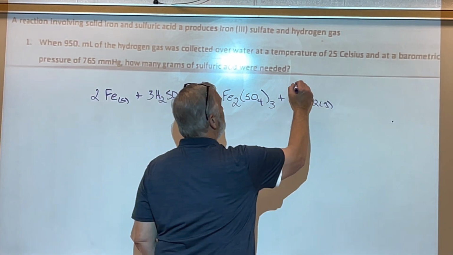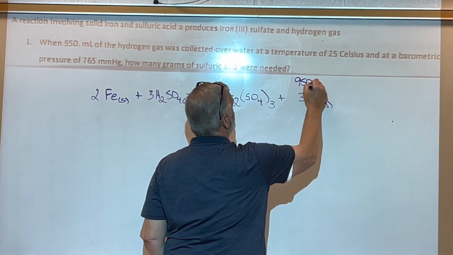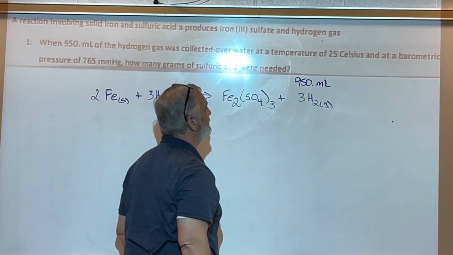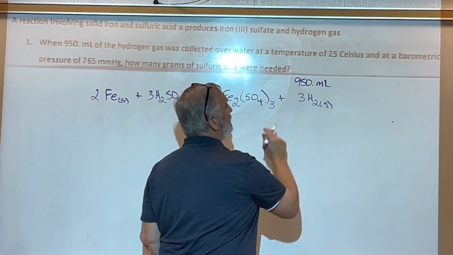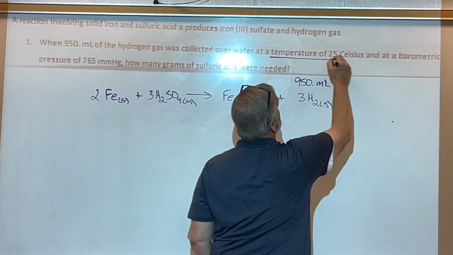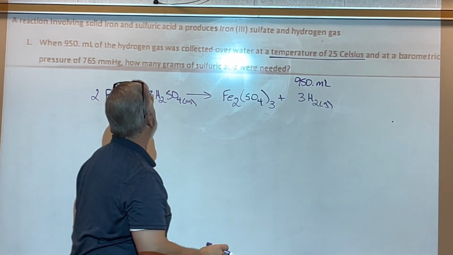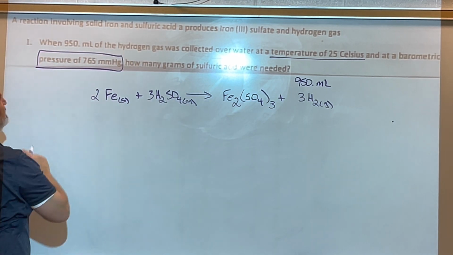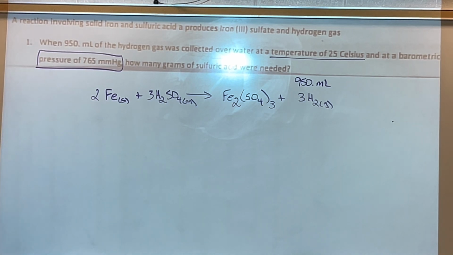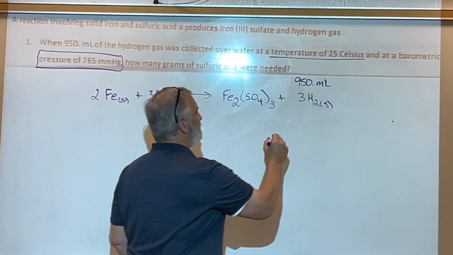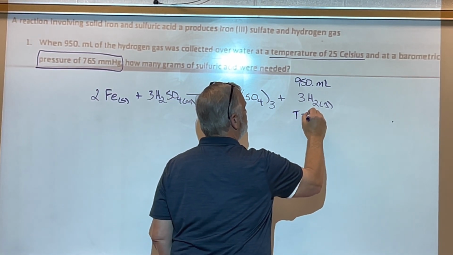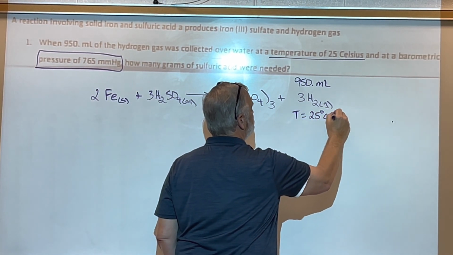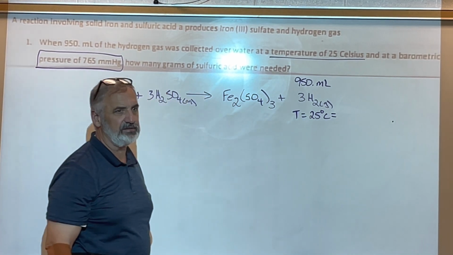I'm given 950 milliliters of this, but is it at STP? The temperature is 25 degrees Celsius, and it says the barometric pressure is 765. So I'm not at STP. The temperature is equal to 25 degrees Celsius, and what unit do we know that always has to be in?